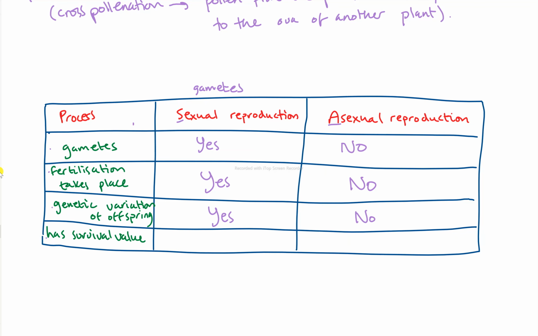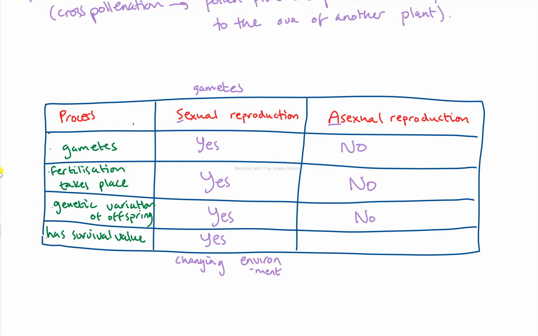Is there an advantage in genetic variation? Yes, there is, because if you've got a changing environment and a threat comes along, because they're not all genetically the same, some of them will survive. Asexual is ideal in a very sterile, controlled, stable environment.